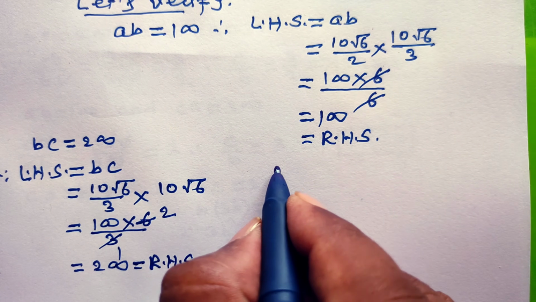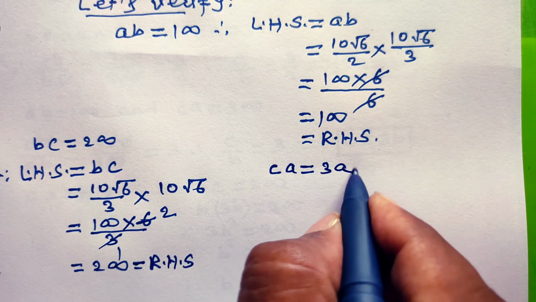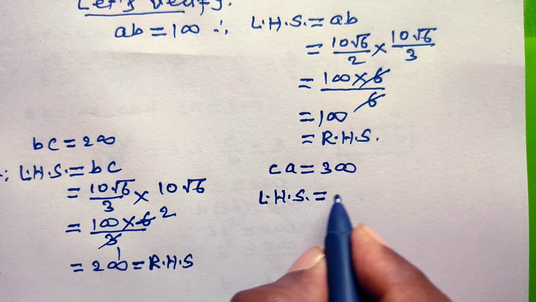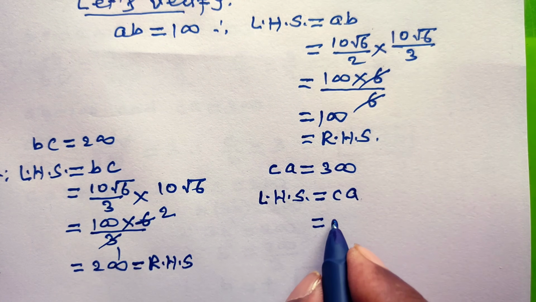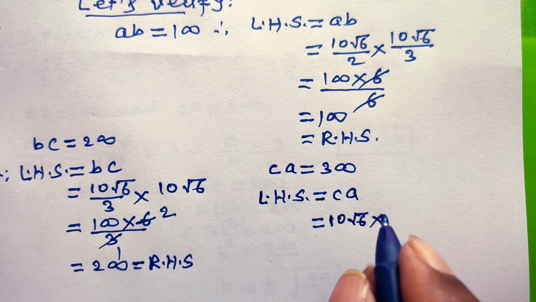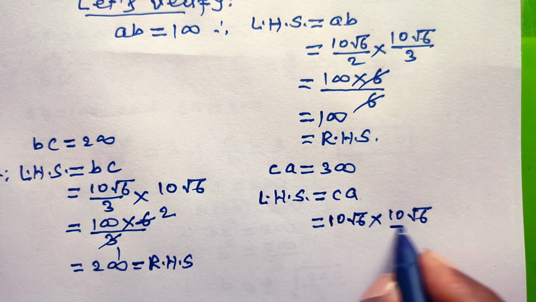Let us prove CA is equal to 300. LHS is CA, and here C is 10 root 6 and A is 10 root 6 divided by 2.